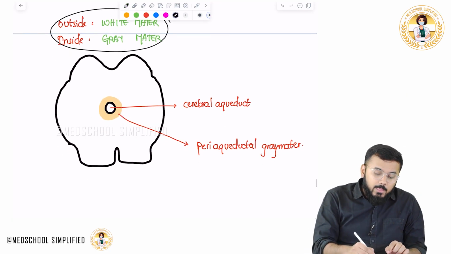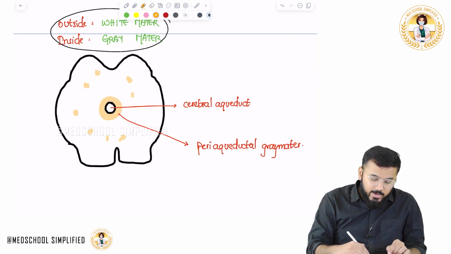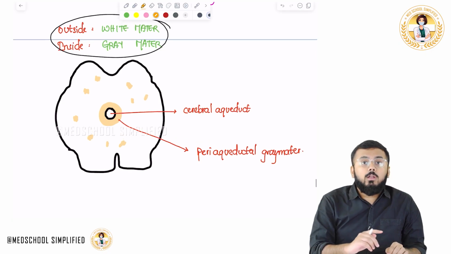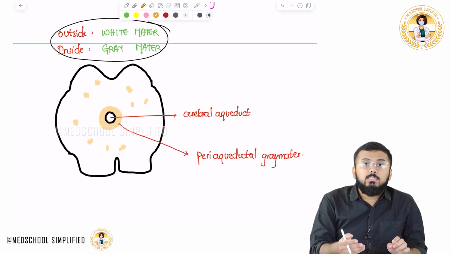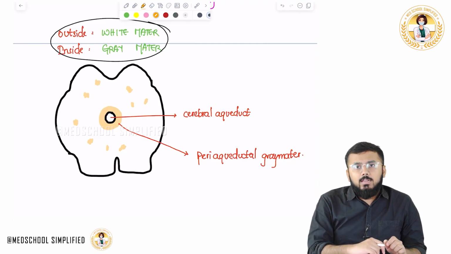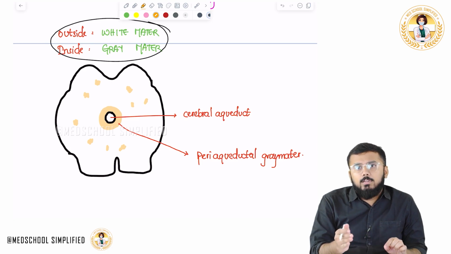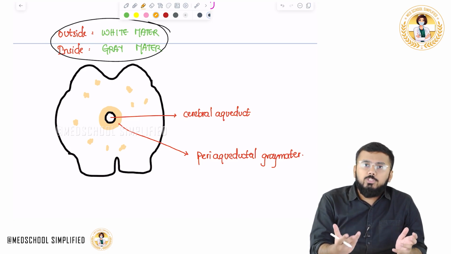Next important thing over here is that pieces of gray matter are located within the white matter. You see, these pieces of gray matter which are located within the white matter are not called as midbrain nuclei. Instead, they are called as cranial nerve nuclei. And by the way, guys, you have studied that the cranial nerves, all the way from the third cranial nerve till the 12th cranial nerve, they emerge from which point?